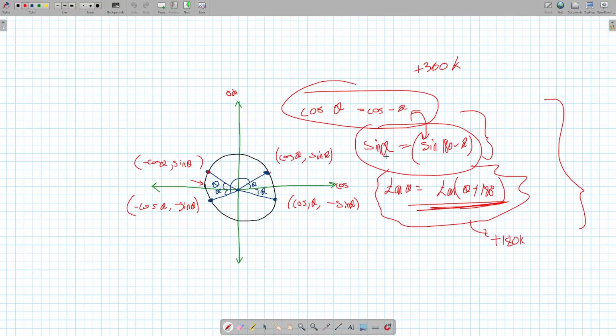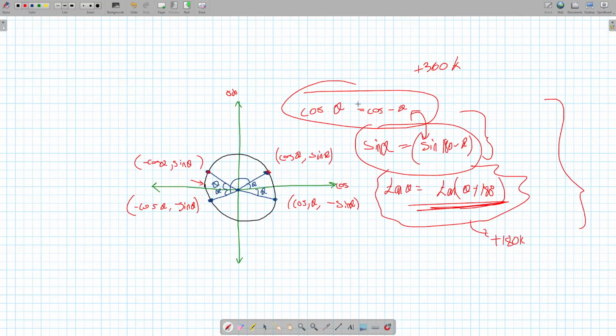Okay, and then sine theta is equal to sine of 180 minus theta. So this point here, do 180 minus this angle, you go here. Don't they have the same sine value, the same y value? Okay, and then tan theta is equal to tan of theta plus 180. So the point here, add 180 degrees, you go down here, they have the same tan. Okay, so these are the rules for cosine, sine, and tan.